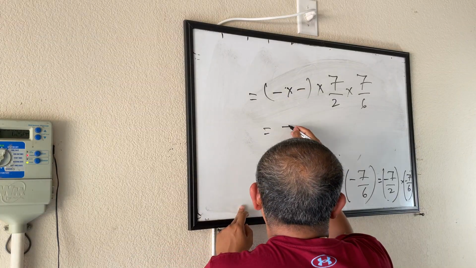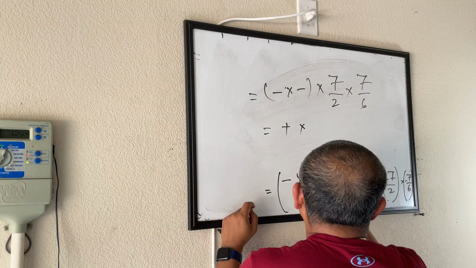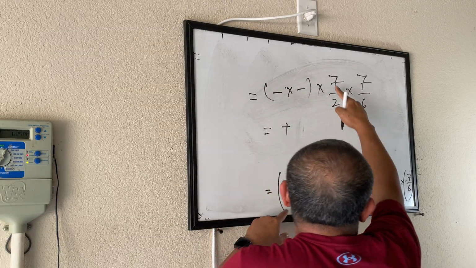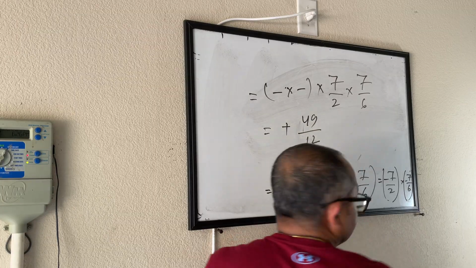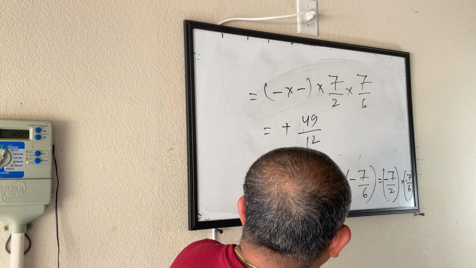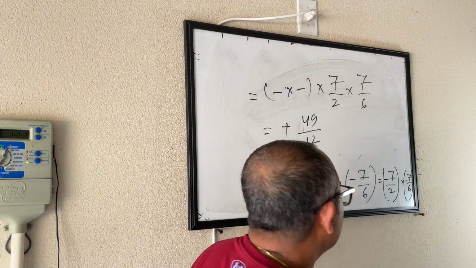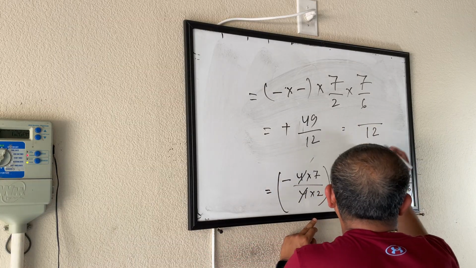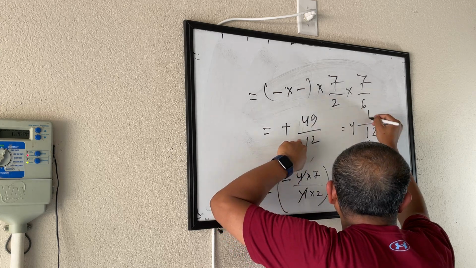Minus into minus became plus. Then plus, I don't write plus. It's plus. 7 times 7 is 49. 2 times 6 is 12. Now if you want to keep it like this, like an improper fraction, let it be. If you want to convert it to a proper fraction, you will say, okay, make the math simple. 12 4s are 48, plus 1, 49.